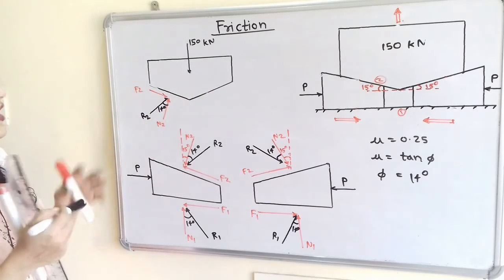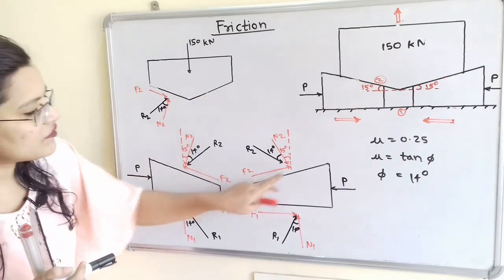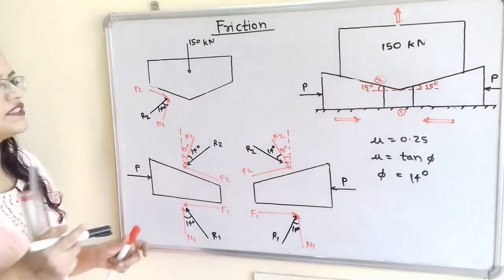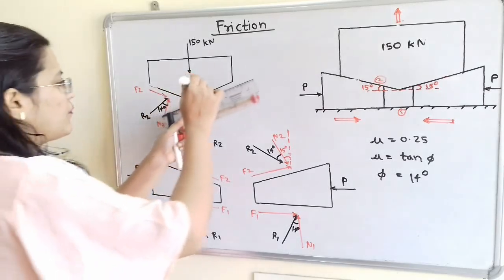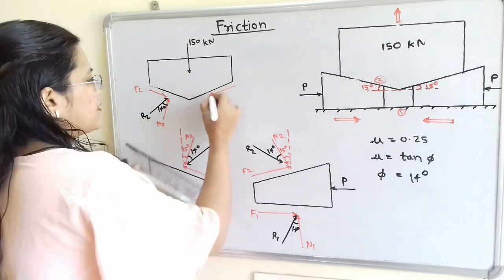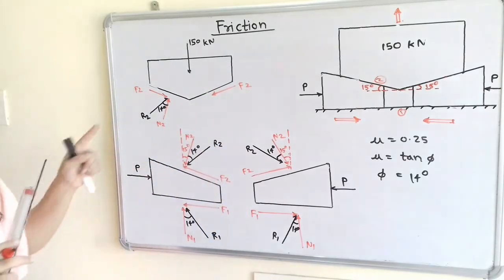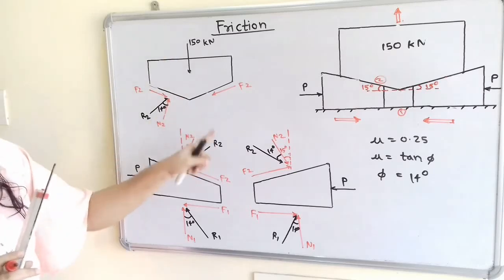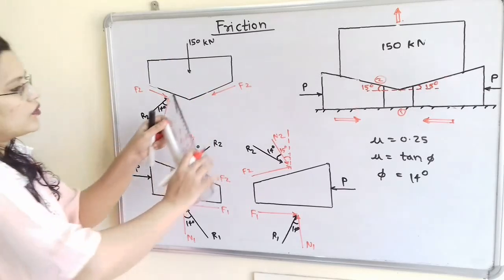So how to show it? Again, for the frictional force, for this side, the frictional force of the wedge is towards the right-hand side. So we have to show the frictional force towards the left-hand side. So here is F2. Now we have to show the normal reaction. We draw the normal reaction perpendicular to this inclined line and directed towards the block.